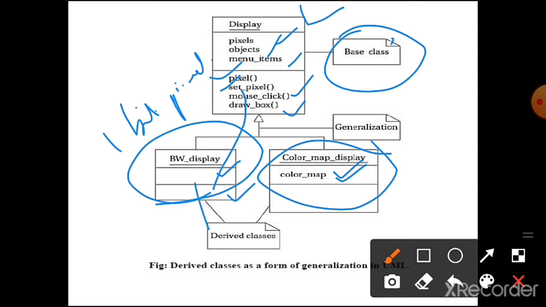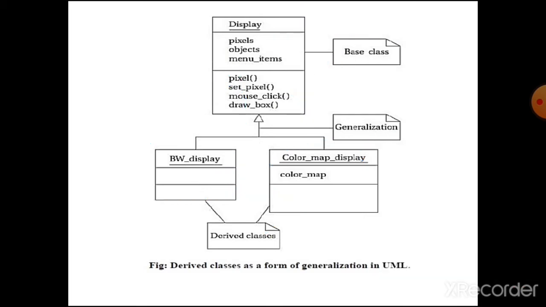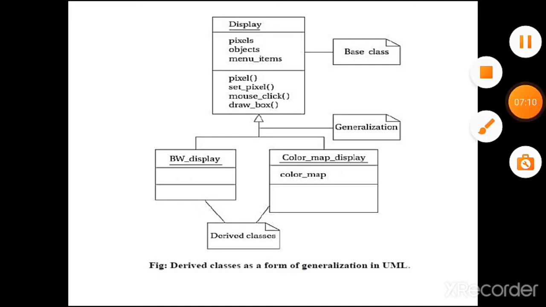The BW class and color map class are known as derived classes. These derived classes inherit all the attributes and operations from their base class Display. This is one form of generalization that is known as inheritance.